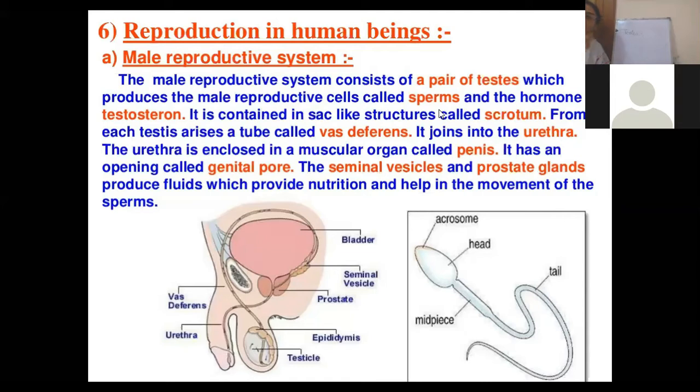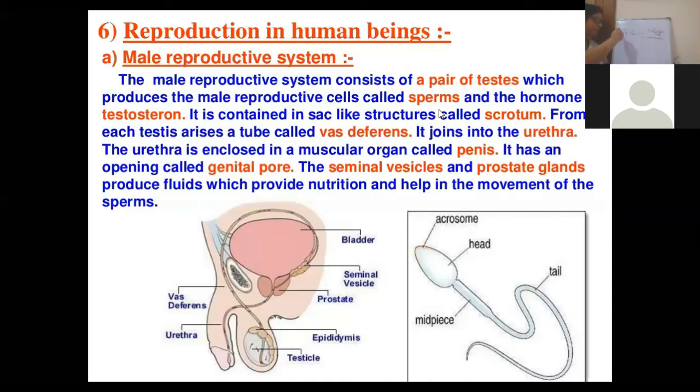Right? Now, there are the sperms. These are the male sex cells. So the main function is to produce the male sex cell, that is sperm, and another function is to produce the hormone, that is testosterone.